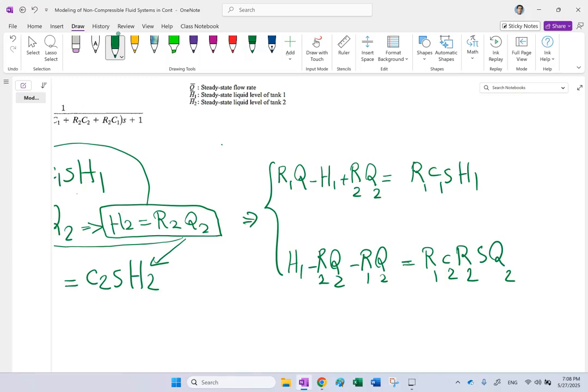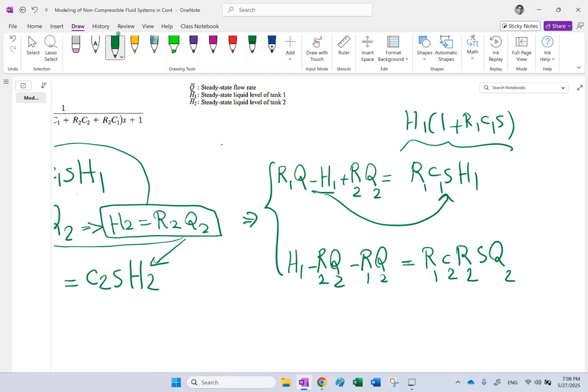There we go. So now you see here, I basically eliminated H2. Now all I need is to eliminate H1. And I can do that as well here by taking this H1 to this side. If you factor it out, then the right-hand side is going to be H1 times 1 plus R1C1S.